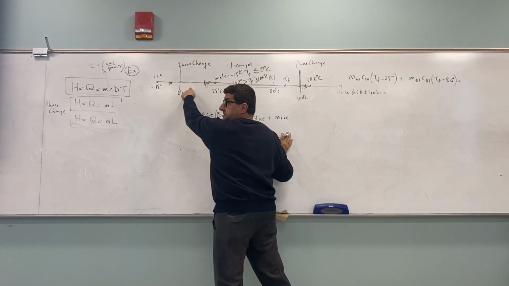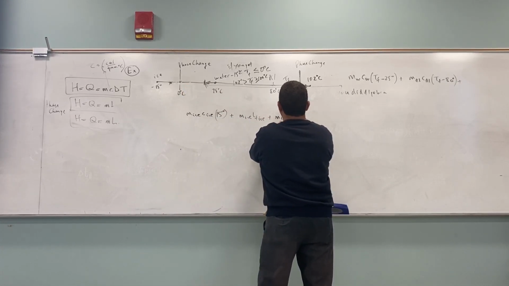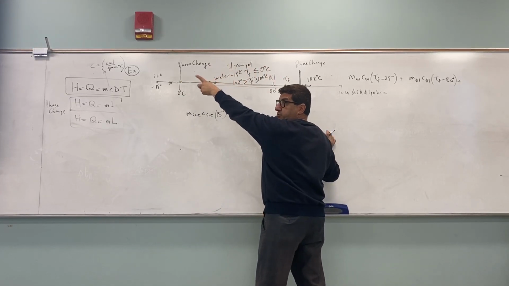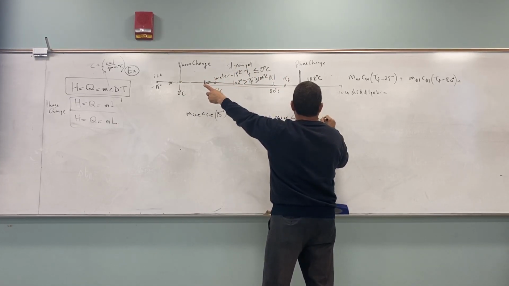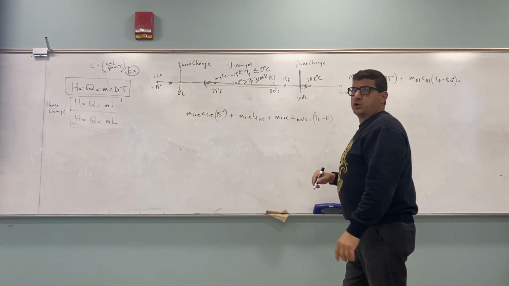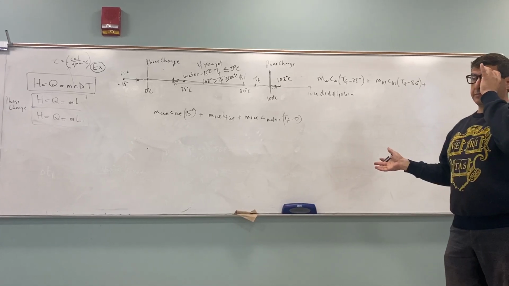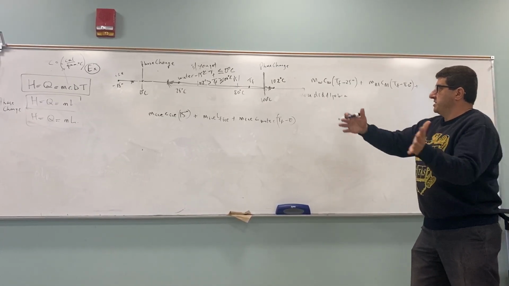Don't forget that. So you need mass of ice, specific heat of water, times what? The change in temperature is TF minus 0. So for those of you who weren't here on Monday when we were doing this problem, this is a good jump in, because you didn't see the problem.